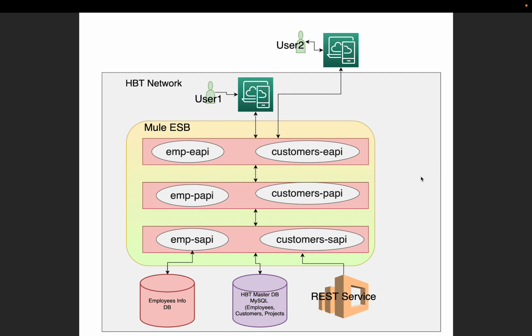And on top of the system APIs, we are going to create the process APIs for composing and orchestrating the process of the implementation. And on top of the process APIs, we are going to create the experience APIs, where we are going to actually expose these APIs to the source applications or consumers.